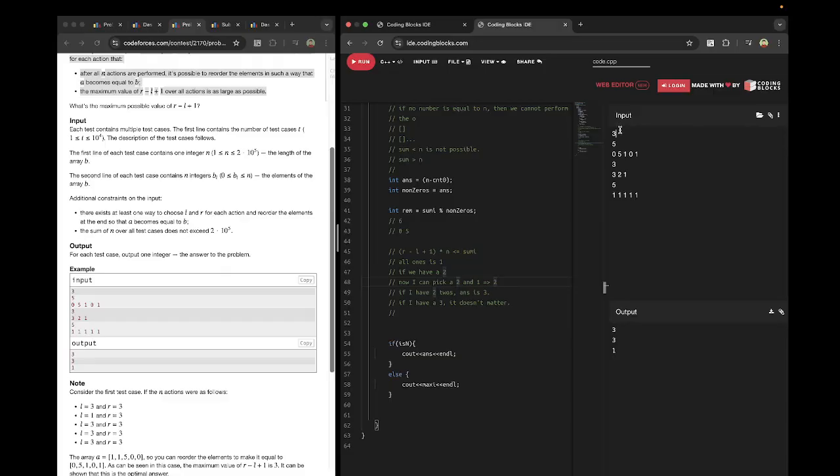Let me consider some scenarios and their answers. So let's say a scenario where three items are present or two items are present. Two is very easy. Three. Let's say we have a two and a zero.